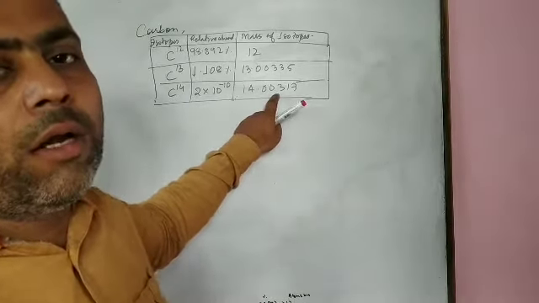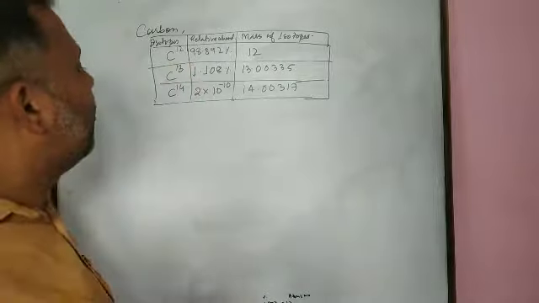And when we divide by 100, we will get the average atomic mass of carbon.